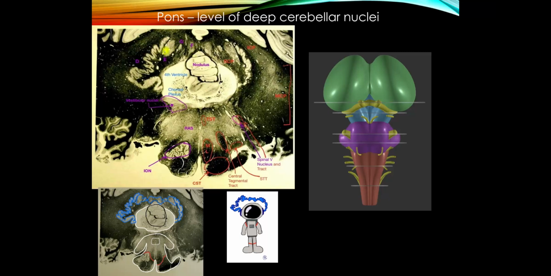Dogs eat good food is a way to remember the lateral to medial representation of those. We can also see the large nodulus of the cerebellum. Remember the flocculonodular lobe is very important for controlling eye movements.